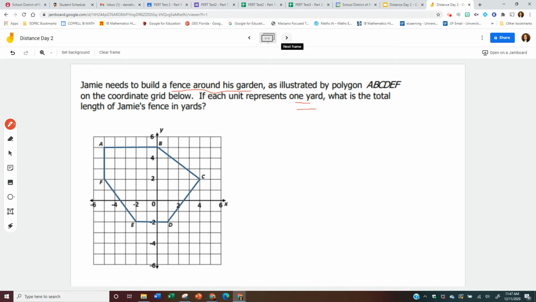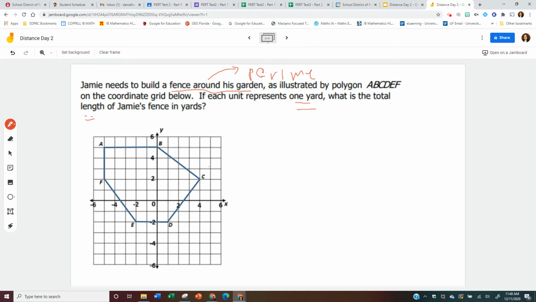Okay, what is the total length? Okay, so I see the word length of Jamie's fence in yards. So this shape that we have before us, from A to B to C to D, all the way around, right? That's what this says, around, is the fence. Another word for all the way around is the perimeter. Let's see if I could write this here.